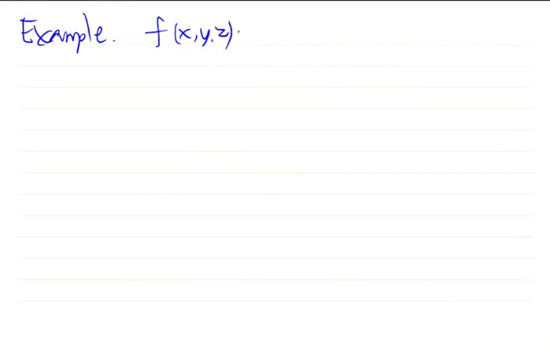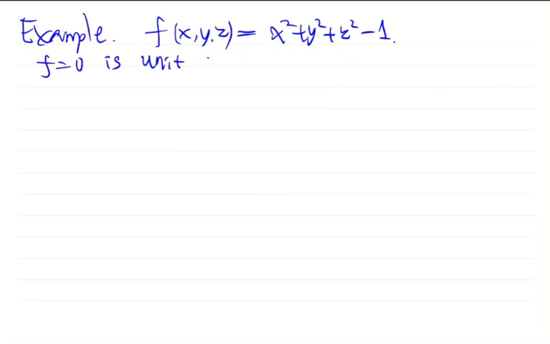Now we consider an example. Suppose f of x, y, z is x squared plus y squared plus z squared minus 1. So f equal to 0 is the surface, the unit sphere in R3.